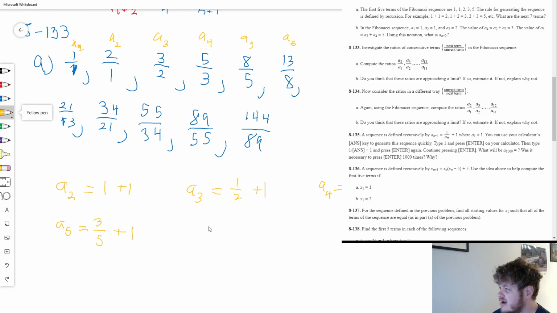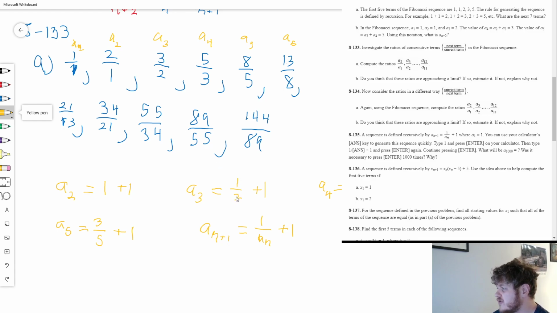If we look at the idea of a recursive definition, I have a feeling that we could define it as: A sub n plus 1, the next term in the sequence, is equal to 1 over the current term, plus 1. Because if we think of this 2, it's the same value as A sub 2.